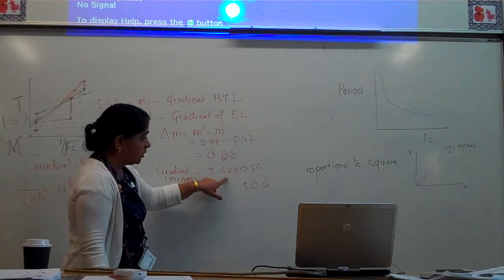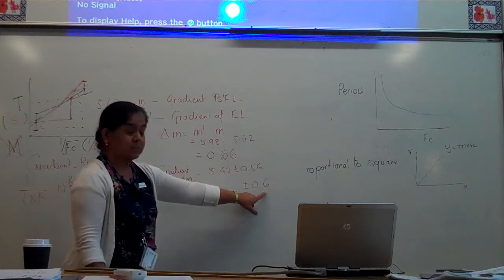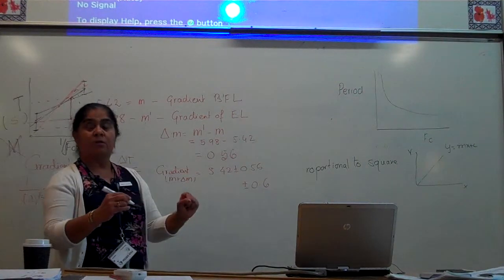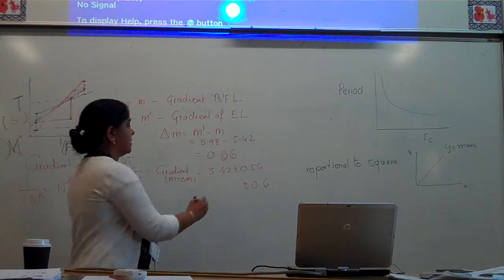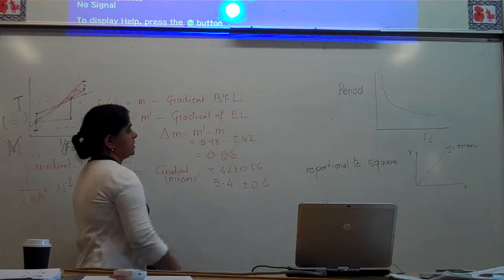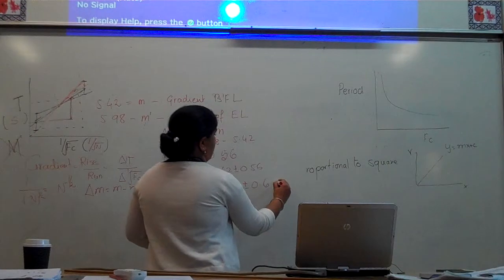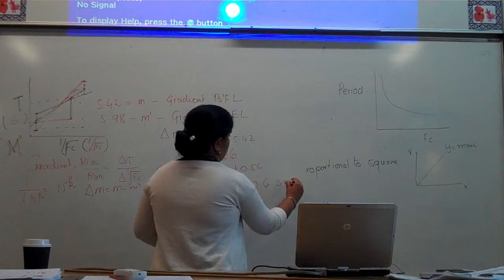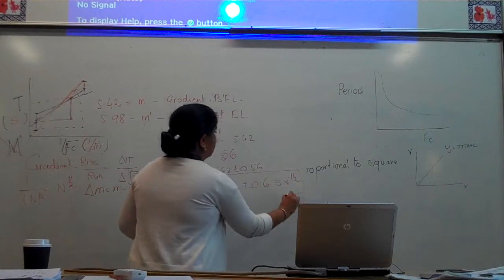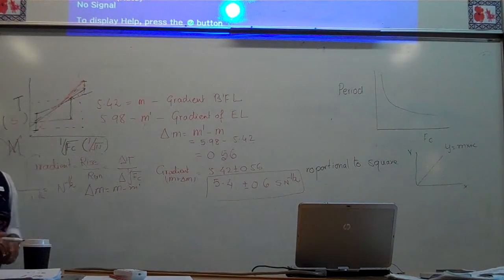This number is not going to have the same significant figures as the uncertainty, but it will have the same number of decimal places. So this becomes 5.4 plus and minus 0.6. That's my final answer needed for the gradient.